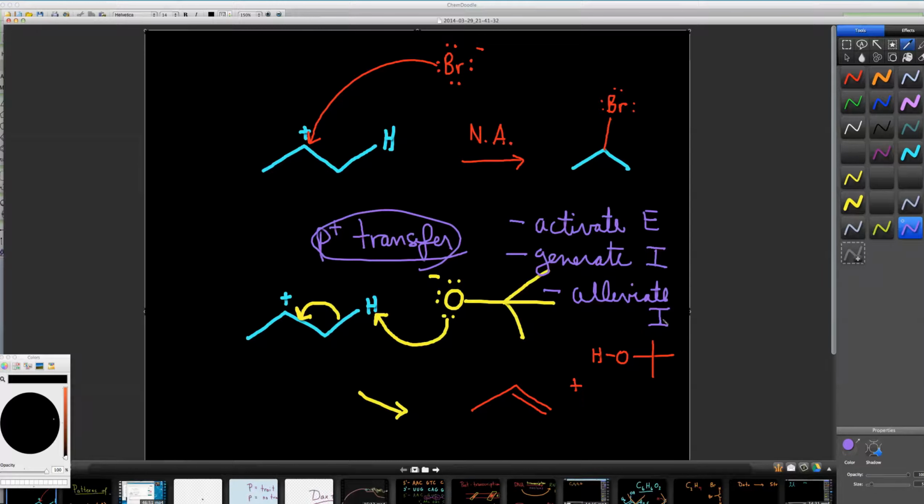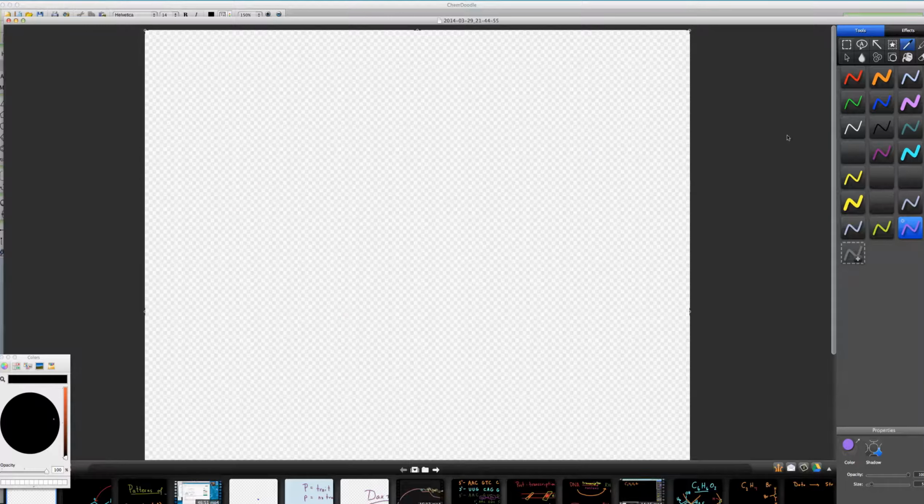Let's take a look at an application of this. I'm actually going to use a different color scheme this time. Let's imagine that we have this starting material.